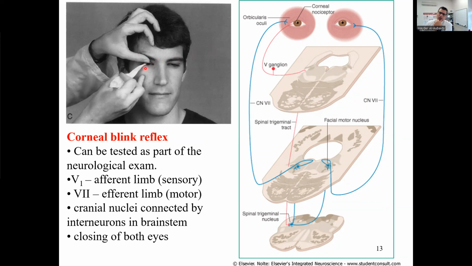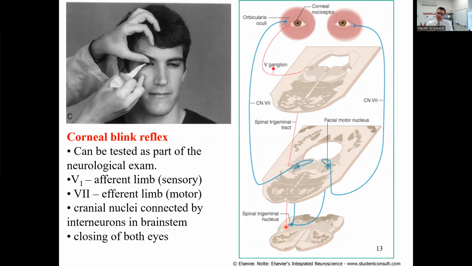When you touch the cornea with a piece of tissue, it stimulates the trigeminal pain pathway that we've just explained in the previous few slides. The first order neuron of the trigeminal pain pathway enters the mid-pons, and the nerve continues all the way to synapse at the level of the caudal medulla.